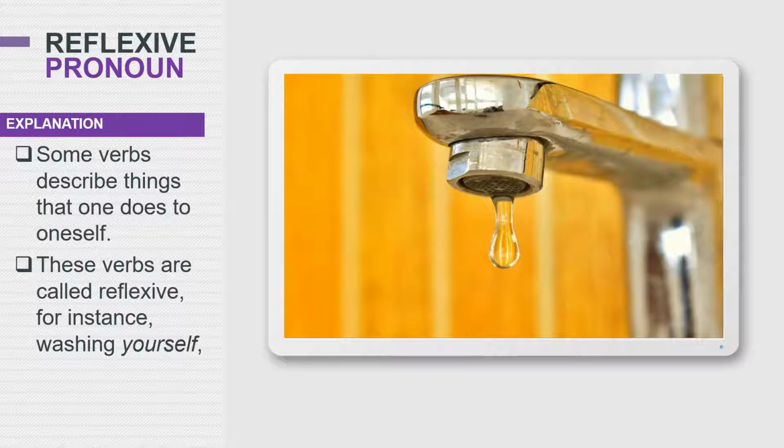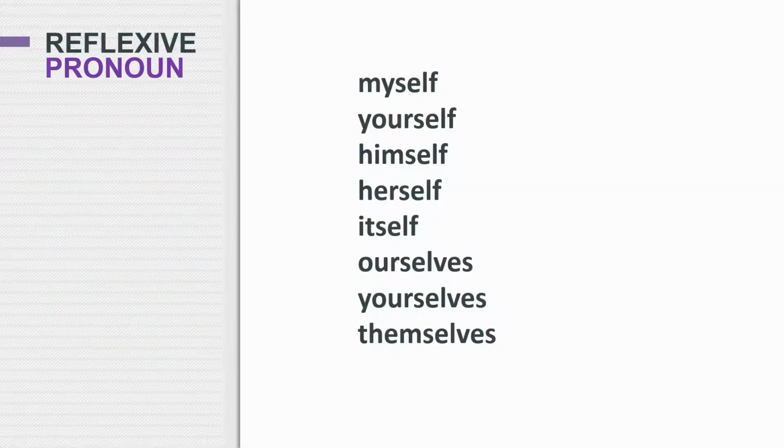And if you want to talk about he, you don't say he washes he or he washes him. You say he washes himself. So for certain words, you need to refer back to the person who's doing it. So these words are called reflexive. So let's look at a few of these examples in Swedish.